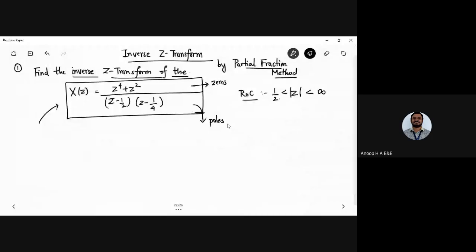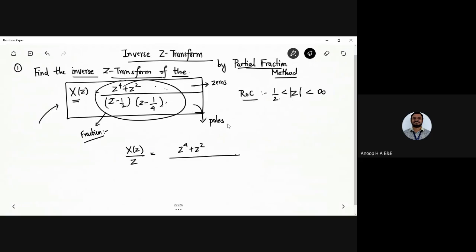So I have X of z, represented in terms of partial fractions. We have to solve it by the partial fraction method. Now, how to solve this given X of z through the partial fraction method, as I told you earlier: X of z by z would be equal to z power 4 plus z squared divided by z minus 1 by 2 into z minus 1 by 4.